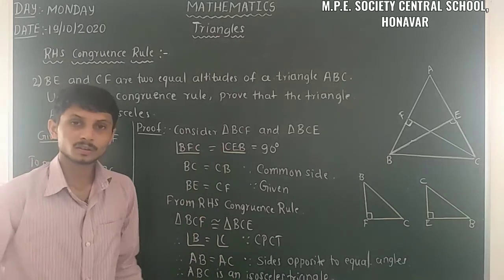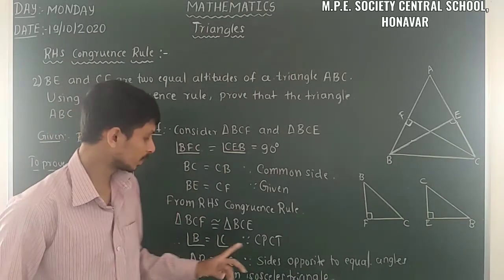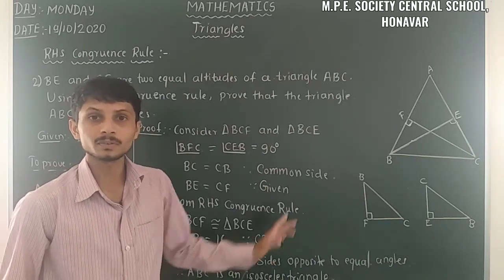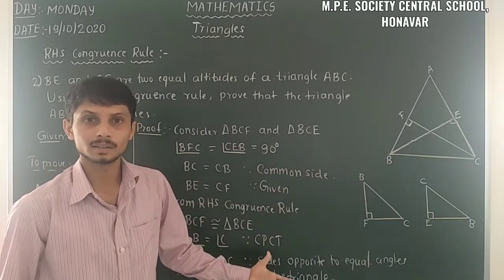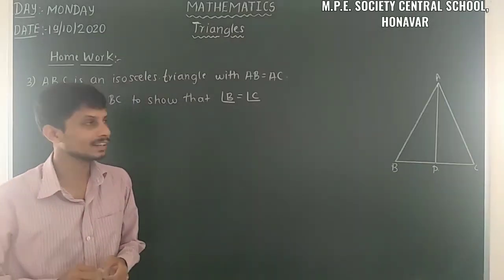So finally we have the triangle ABC is an isosceles triangle, because two sides of that triangle are equal. So let us take one homework here.